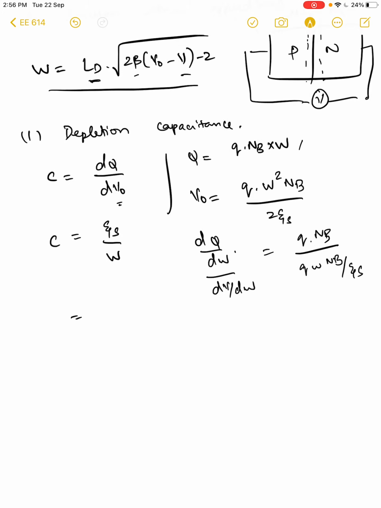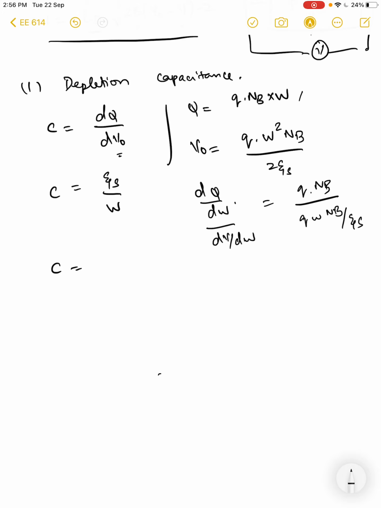And we know the expression for W, so if I substitute this, the actual capacitance will turn out to be root 2 epsilon s NB by 2 into VBI plus or minus V, depending upon whether it is a positive or reverse bias, right?